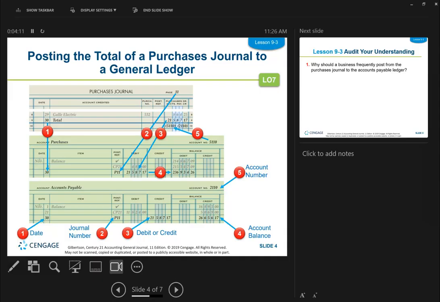So it's two post references, but we don't use the post reference column because there's two of them, and it's not an individual transaction. It's like a balance that we're moving into these two locations. Is that okay?